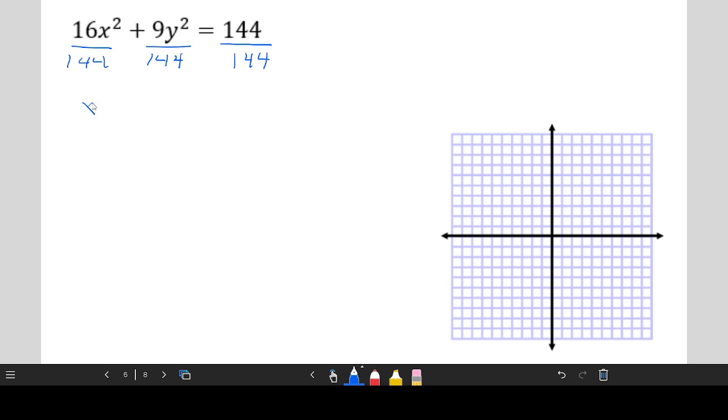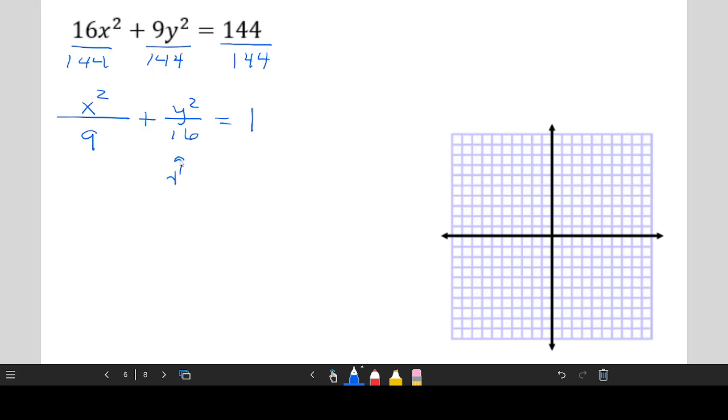Then we can simplify those fractions. So 16 over 144 is 1/9. So we're going to have x squared over 9 there. And then 9 over 144 is 1 over 16. So we're going to have y squared over 16. Now this time the larger number is under the y part, so it's going to be longer in the vertical direction.